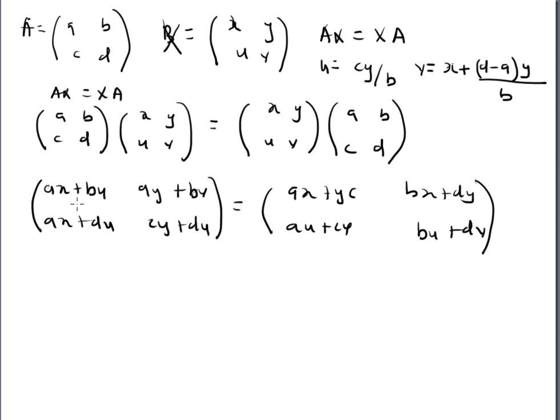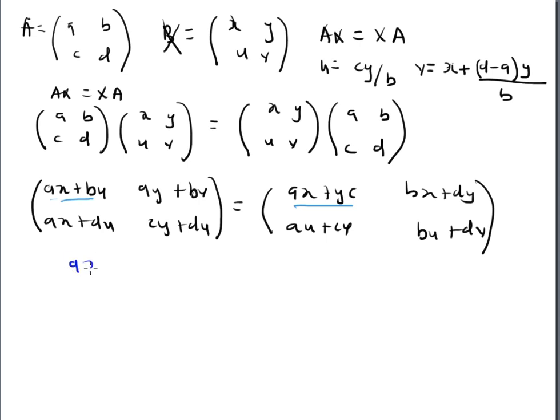Yes. So now let's try the first one. So AX plus BU, right, and AX plus YC, right? Now we know that when we equate these two entries, AX goes away, right? We have BU over here, we have BU over here, we have CY over here, we have CY over here. So this is actually looking interesting. Okay. So now let's try and use the first equation and see if it gives us our first expression.